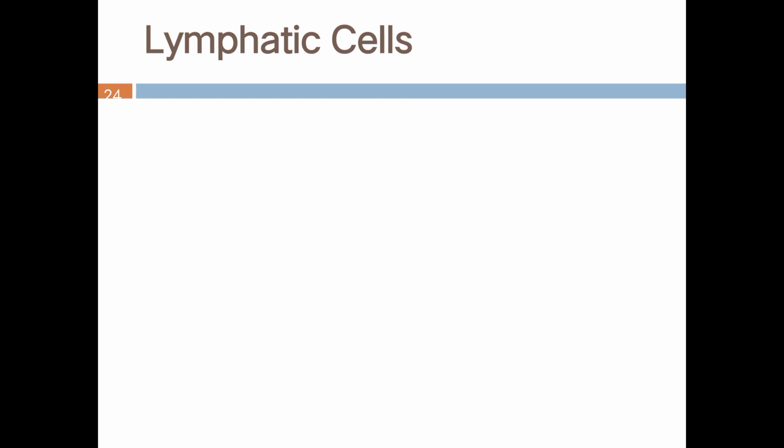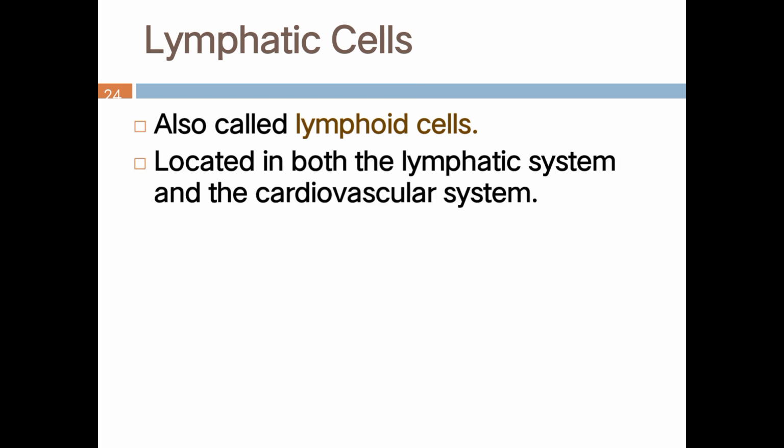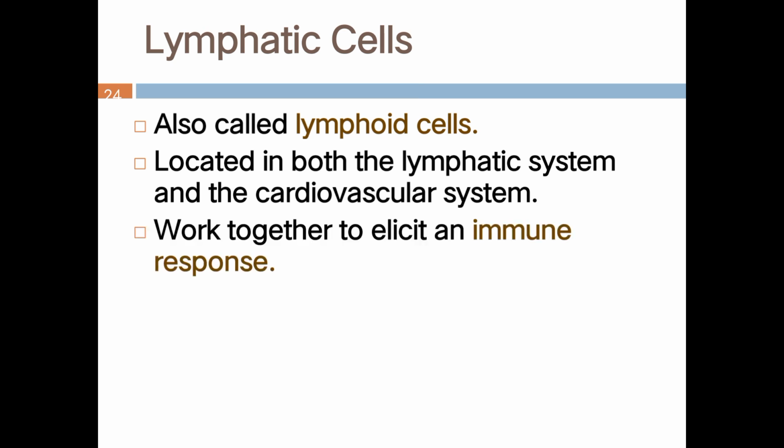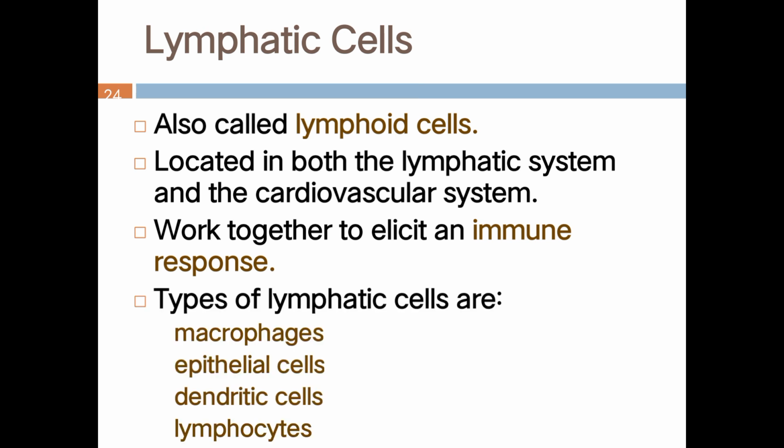So lymphatic cells, also called lymphoid cells, are located in both the lymphatic system and the cardiovascular system, and work together to elicit an immune response. Types of lymphatic cells are macrophages, epithelial cells, dendritic cells, and lymphocytes.